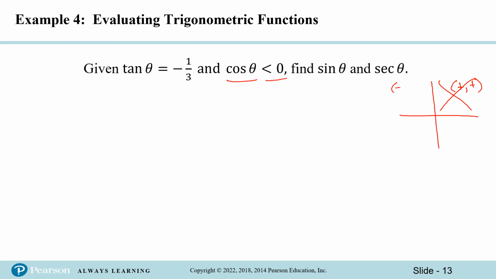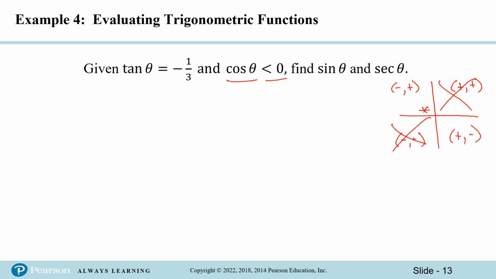The x is negative, the y is positive, so the tangent would be negative in this quadrant. We already know that negative, negative, when we divide those, it's going to be positive, so it can't be this one. And then x is positive, y is negative, so it could be that one.